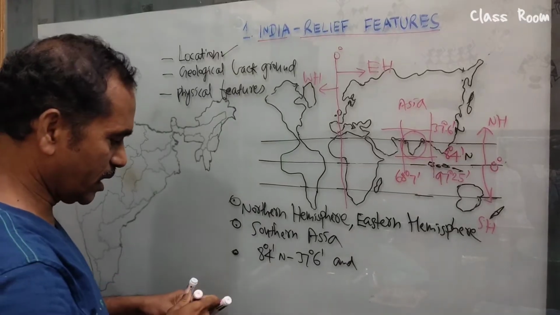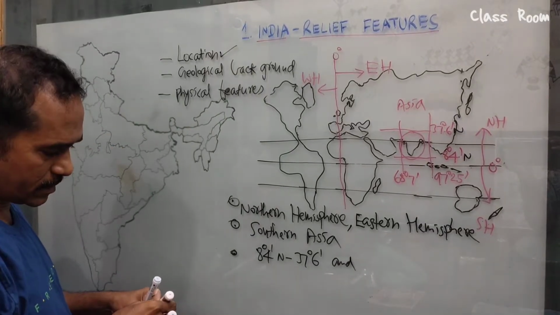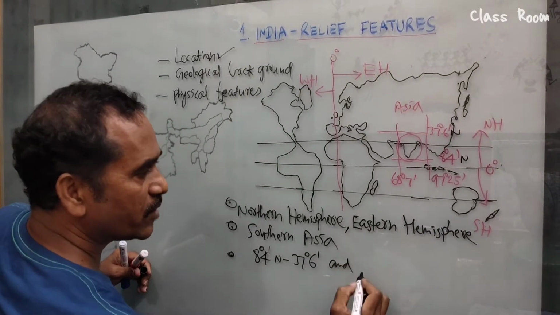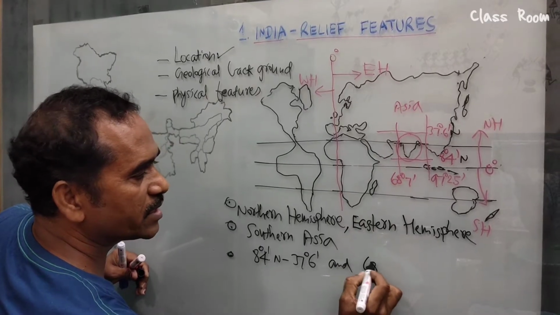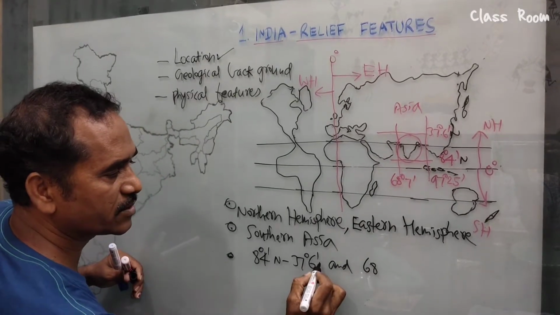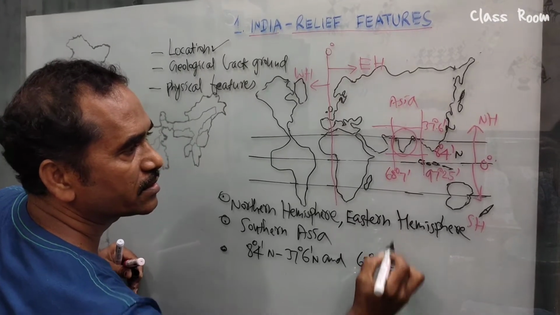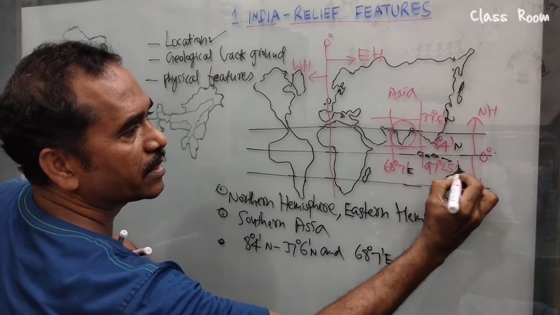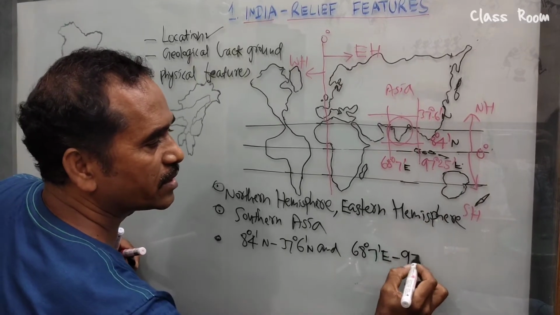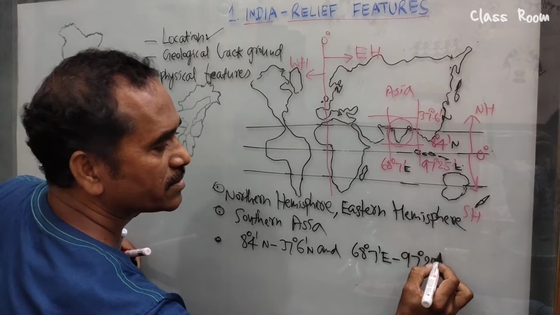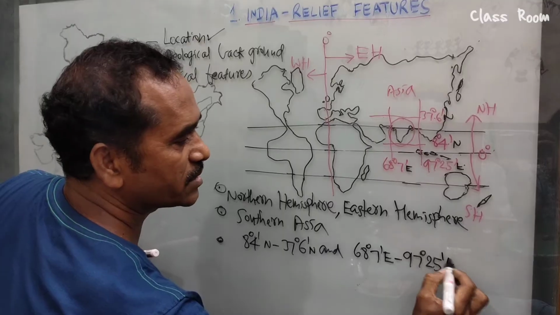So according to longitudes, India lies between 68 degrees 7 minutes east and up to 97 degrees 25 minutes east longitude.